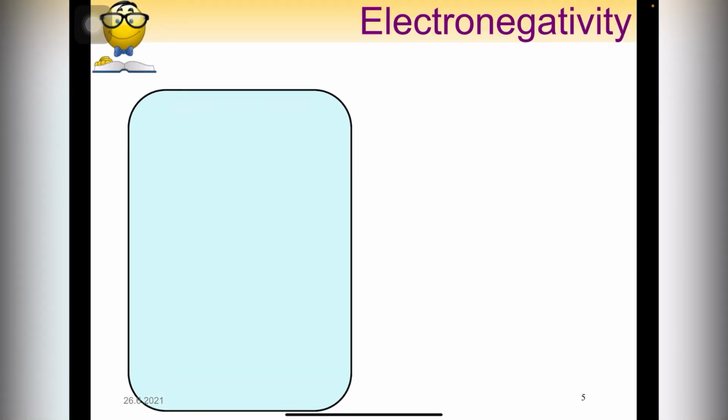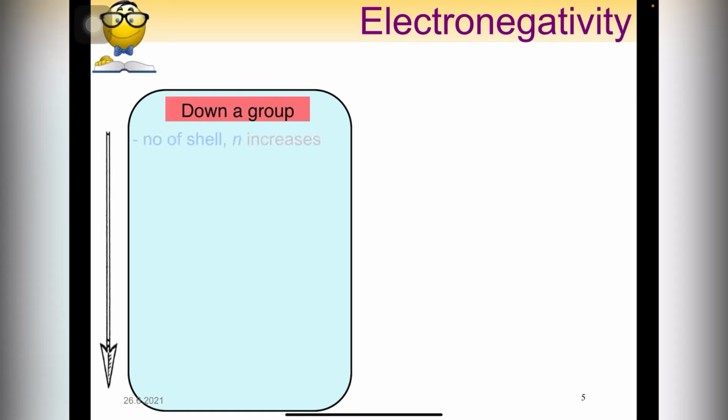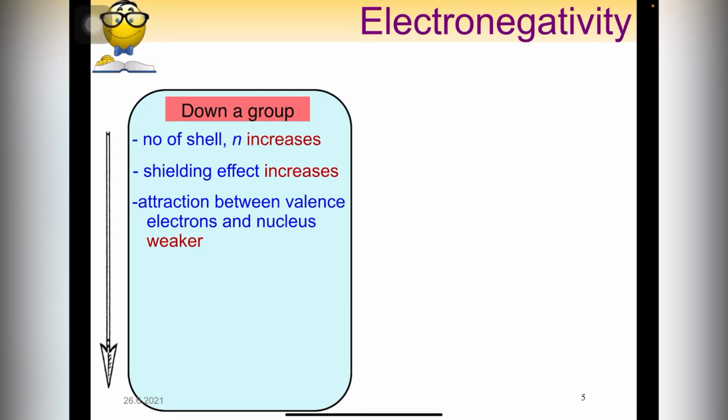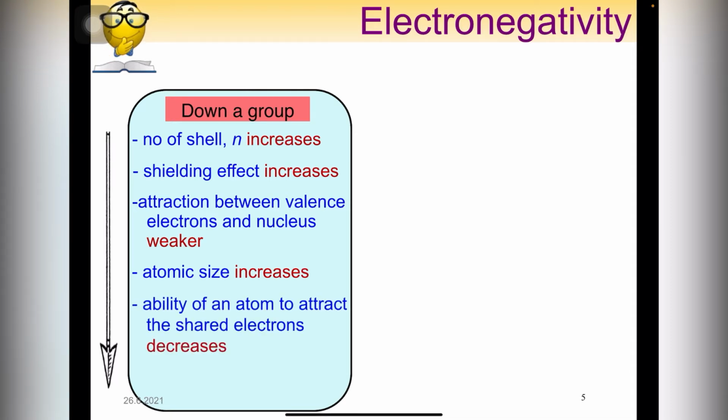So let's see what happens down a group. We know that down a group, the number of shells, the principal quantum number, increases. Thus, it will cause the shielding or screening effect to increase, and the interaction between the valence electrons and nucleus becomes weaker, so the atomic size increases, and the ability of an atom to attract the shared electron decreases.